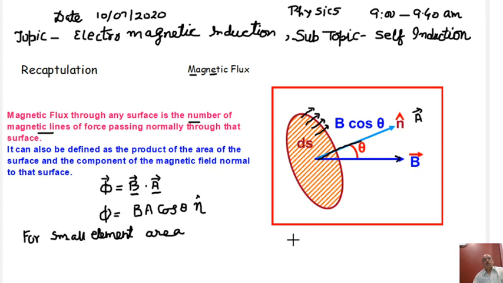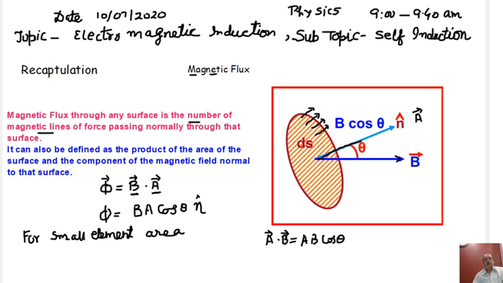As you know, vector A dot vector B is equal to AB cos theta. So we are saying the number of lines of force is equal to BA cos theta.